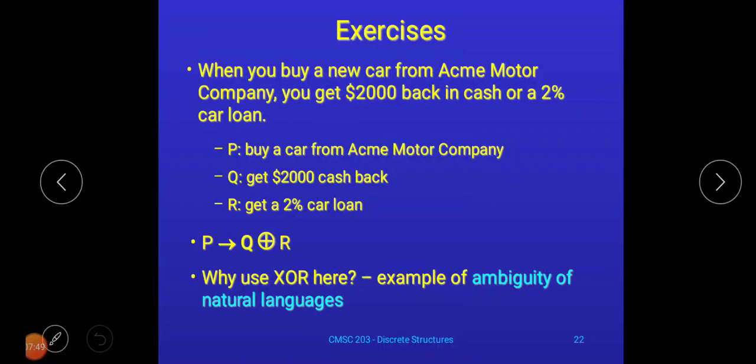Intensity means, after reading this statement, we are getting a strong feeling that if you buy a car from Acme Motor, then you will either get $2,000 back or you will get 2% car loan. It will never happen, there is a 0% possibility, that you will get both, $2,000 as well as 2% car loan. Okay.